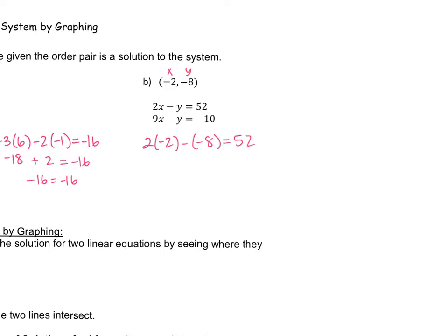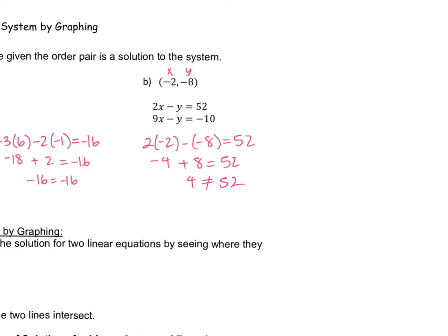So if I multiply these two together, -2 times 2 is -4, plus 8, two negatives make a +8, equals 52. Last time I checked, -4 plus 8 is +4. That does not equal 52. So they do not equal, which is why I have an equal sign with a slash in it. That means it does not equal.